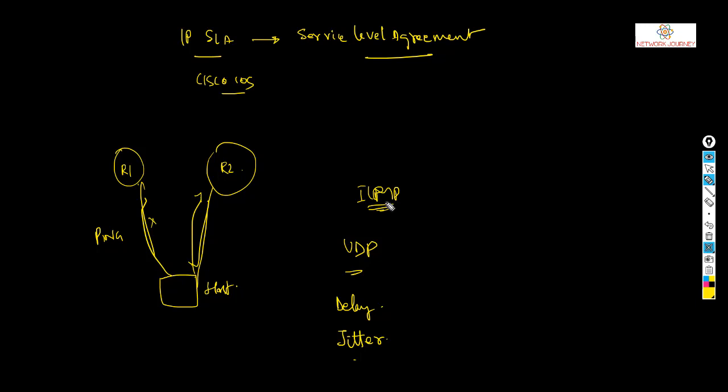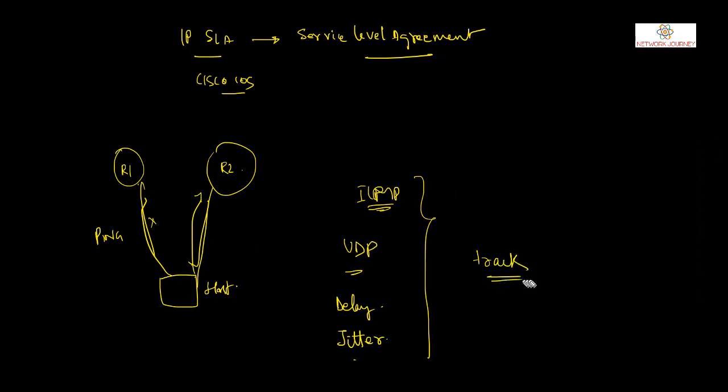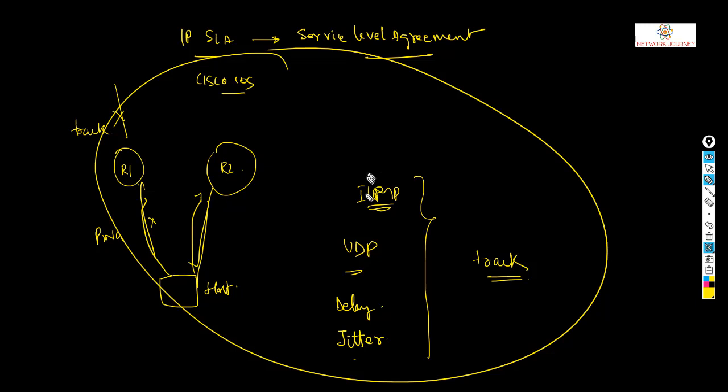So we can set multiple parameters. Along with these parameters, we can also set something called tracking. If I enable tracking and this goes down, then that should be a criterion for the link to fail over to a new link. Altogether, with the tracking, we especially use this for the dual ISP redundancy case.